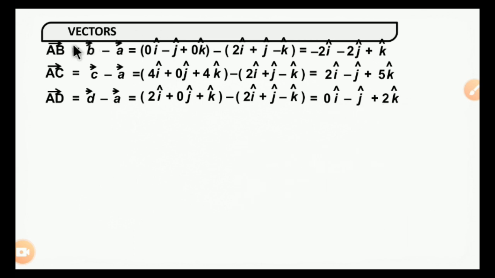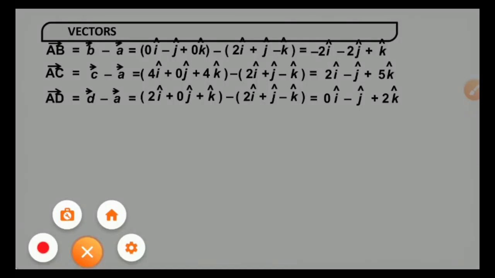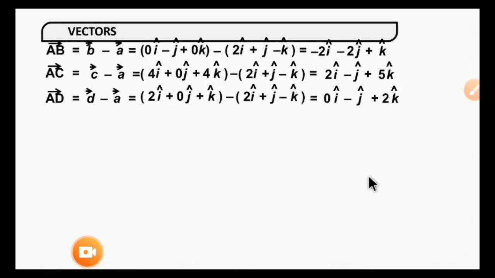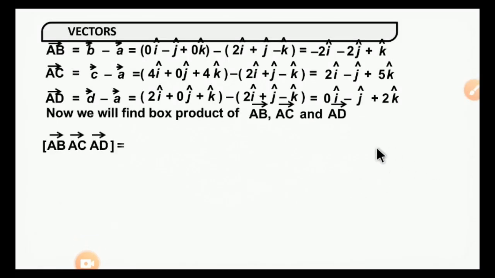Now we have to prove that these three vectors we are getting here, the box product of these three vectors should be equal to 0. Then we can say that ABCD points are coplanar. Now we will find out the box product of AB, AC and AD.